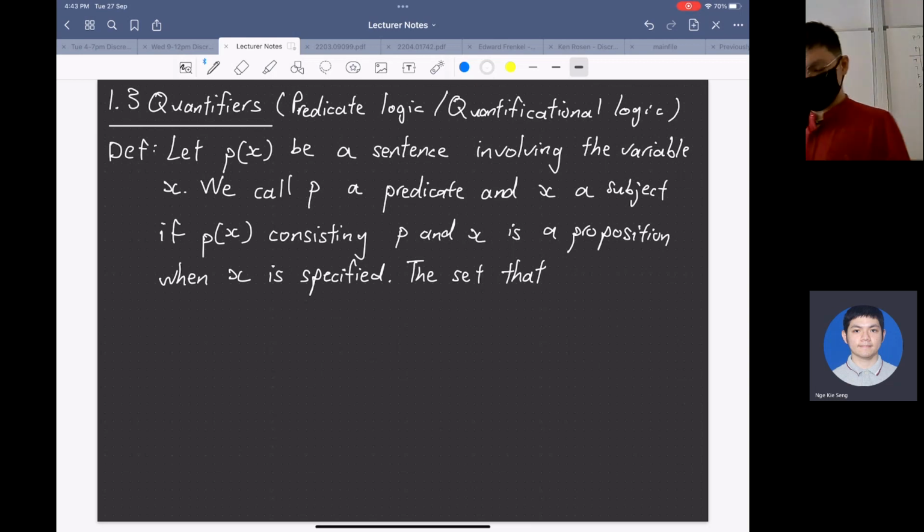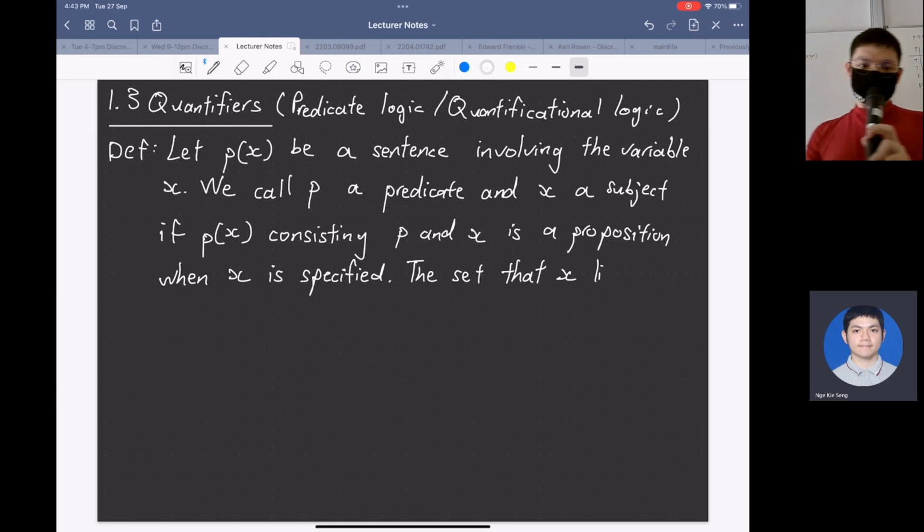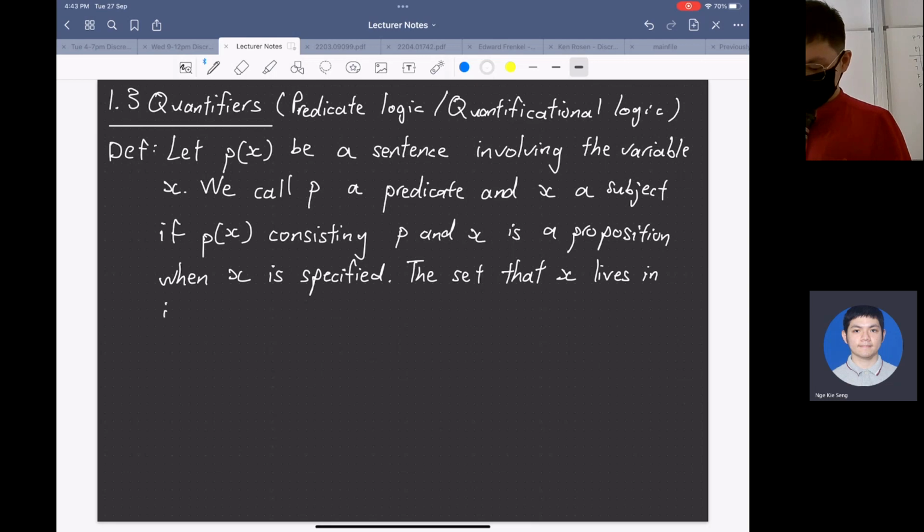You have to start somewhere, so we start with logic. For now, a set is a collection of objects. The set that x lives in is called the domain, or the domain of discourse.